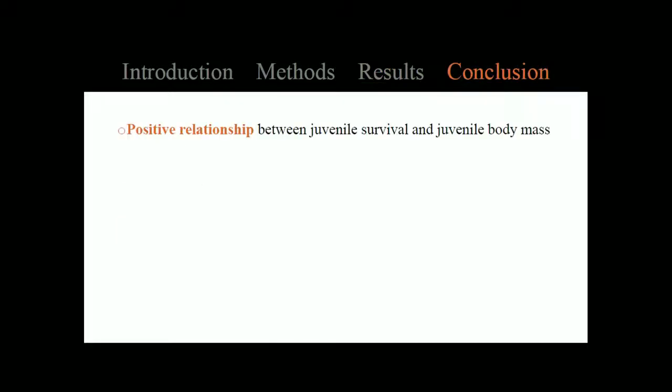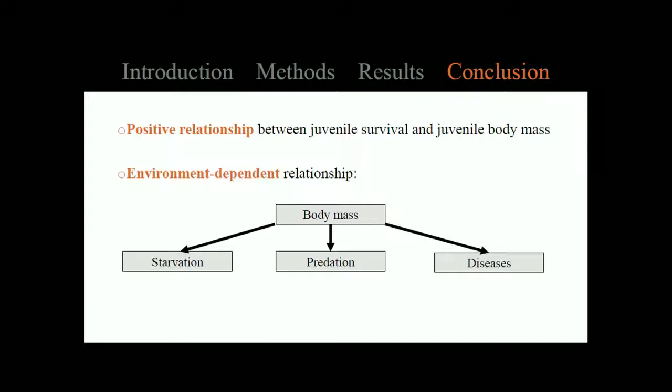So what is the take-home message of my presentation? The take-home message is that there is a positive pattern towards a relationship between juvenile survival and juvenile body mass. The difference in the intensity of the relationship is very environment dependent and condition dependent.